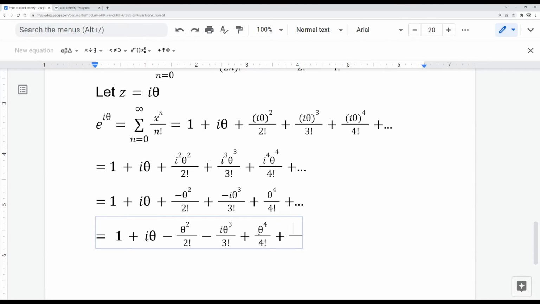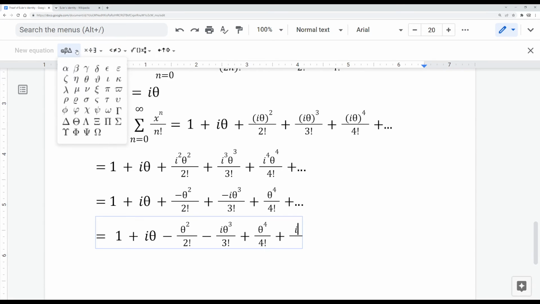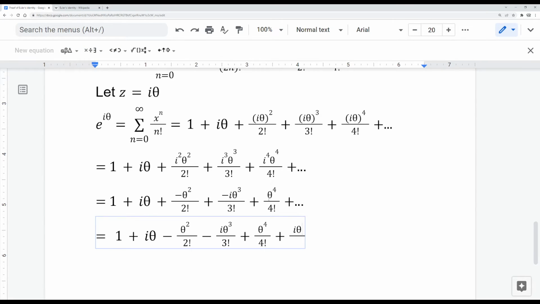Okay, so we established that this is just i again, because i to the fifth equals i. So i to the fifth is just i, and then theta to the fifth.